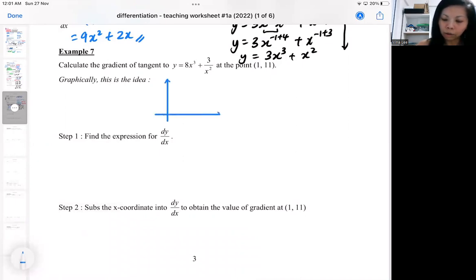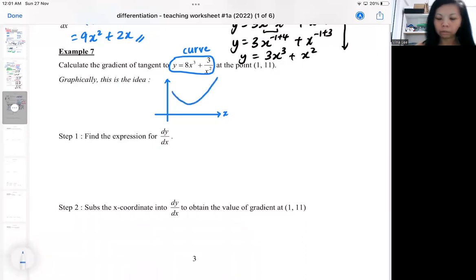I just randomly draw a graph. To me, this one is a curve. How the curve looks doesn't matter. So this is how the curve looks.